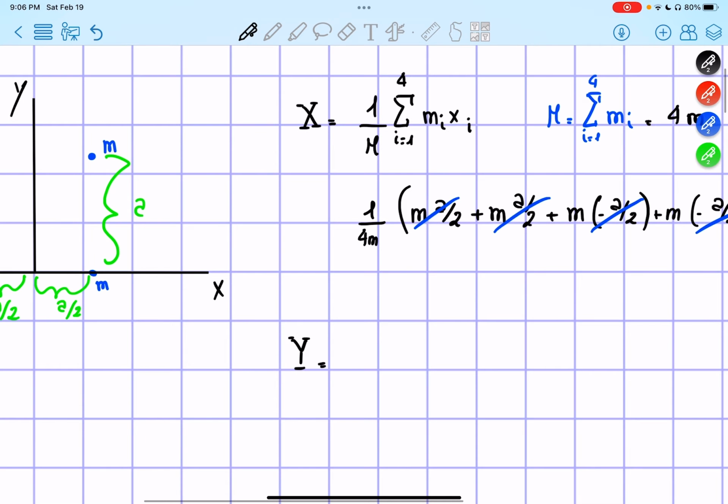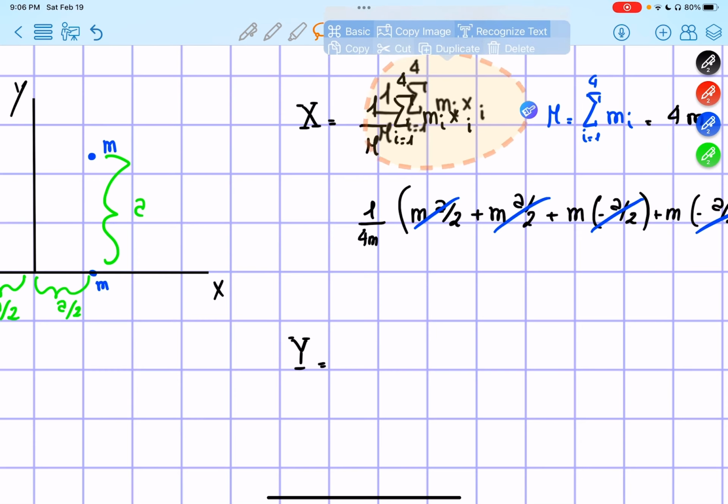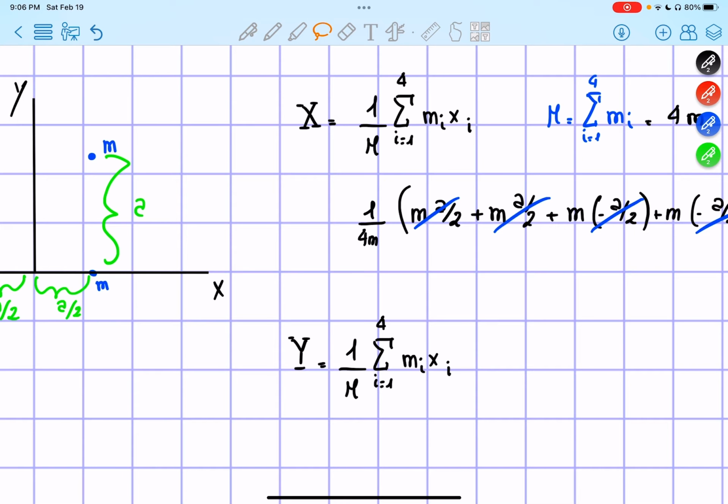So we have, again, the same formula right here. The only thing that changes is that instead of the x, we're going to have the y.